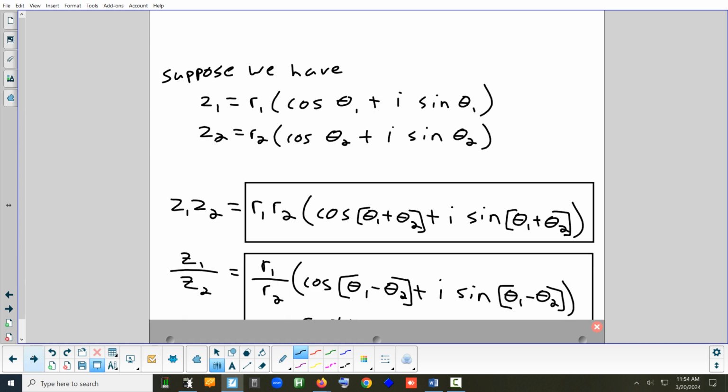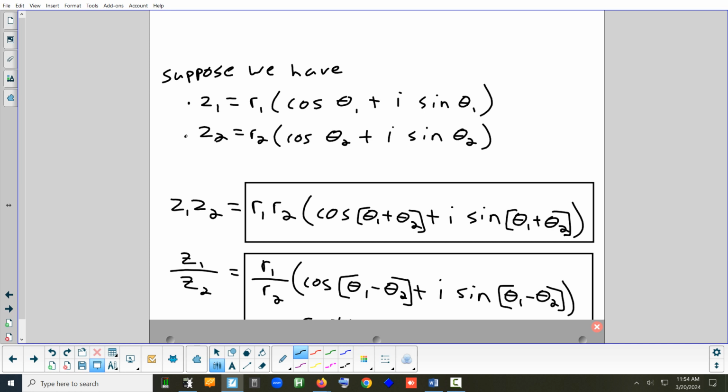I'm going to call the first number Z1 and the second one Z2, so I don't have to say R1 cosine theta 1 plus i sine theta 1 every time. If you want to multiply Z1 times Z2, you take the two radii and multiply them, and you take the two angles and add them.